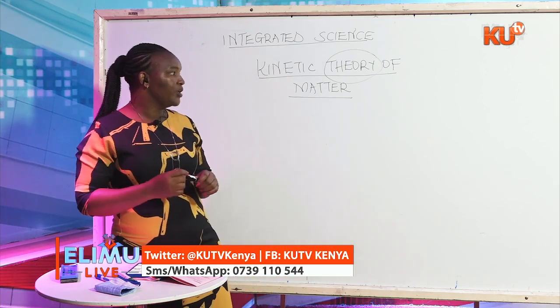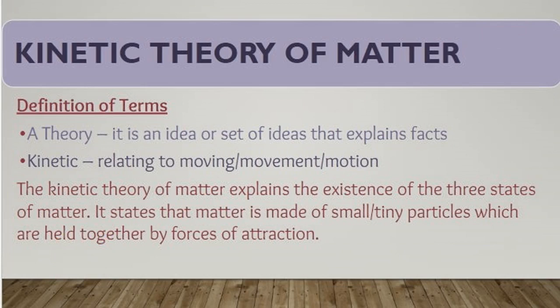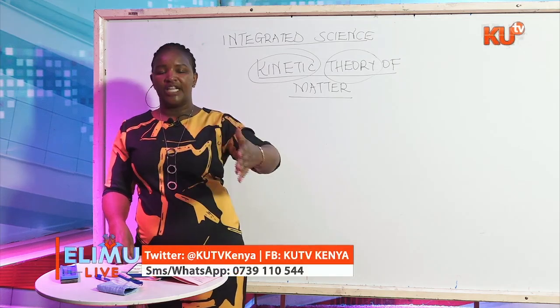The other term I want to define is the term kinetic. Anytime you see the term kinetic, it simply relates to movement. Movement or moving, something that is in motion. So long as there is motion or some movement in an object, that object can be said to be in a kinetic state. For example, if you go to a fall or a river, the water in a river is flowing.